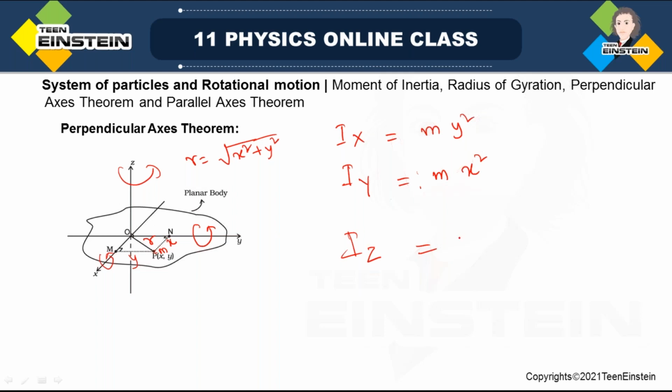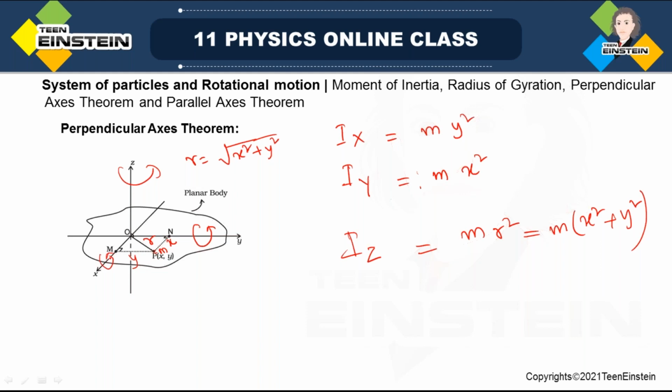So I can write the moment of inertia of this particular point object about the z-axis as m r square, which gives you m into x square plus y square.